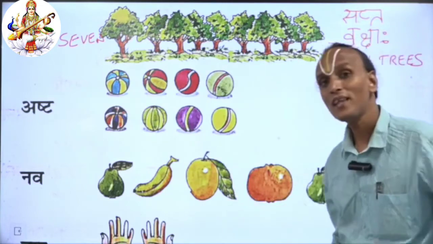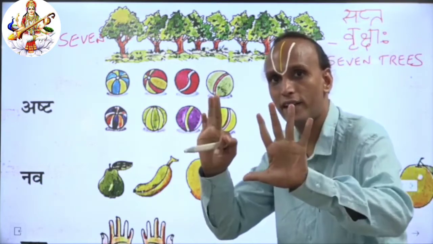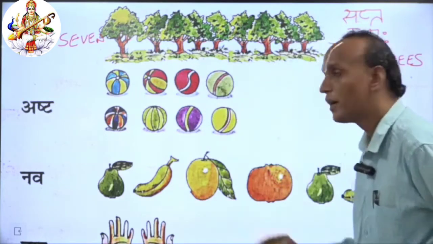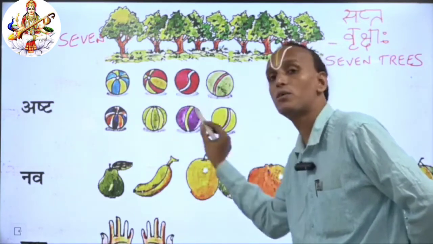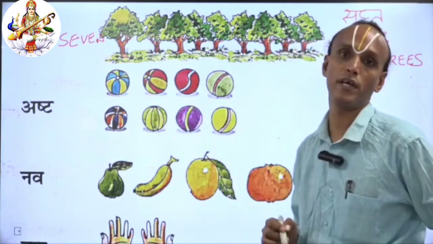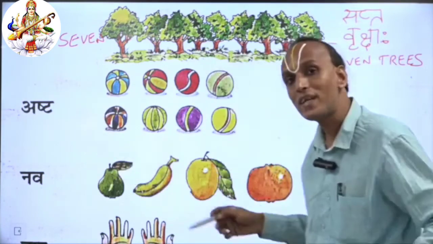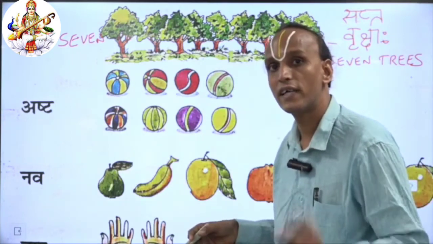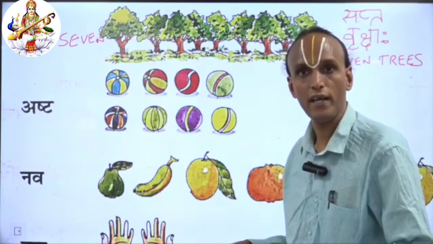Ashta. Ashta means what? Yes, you are right. 8. Correct. What is the picture given here? Balls. 1 ball, 2 balls, 3 balls, 4 balls, 5 balls, 6 balls, 7 balls, 8 balls picture given here. So, ashta. What is the name of a ball in Sanskrit? Yes, you are right. Kandukam. Okay.